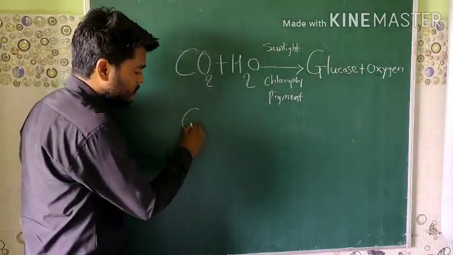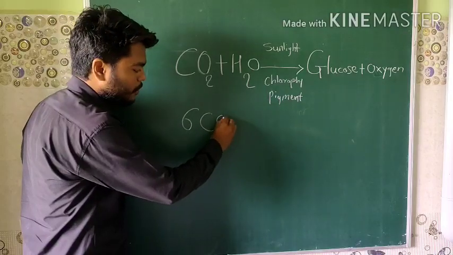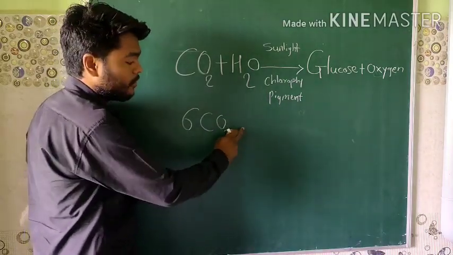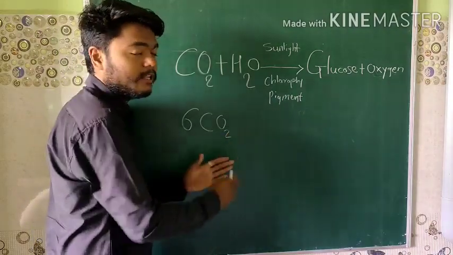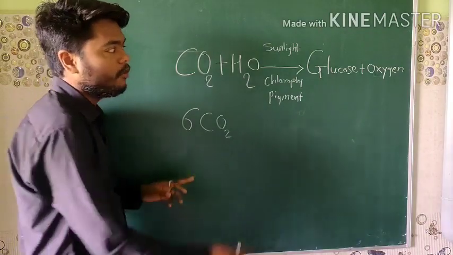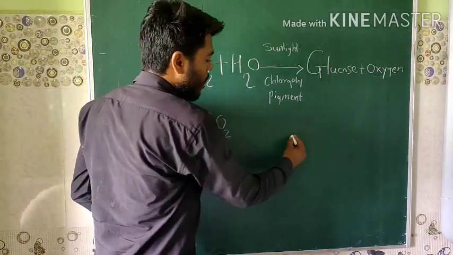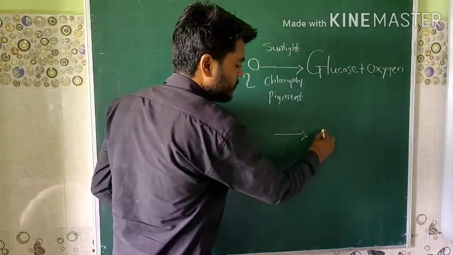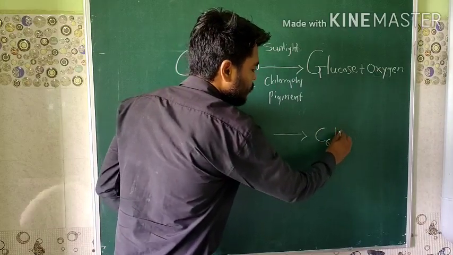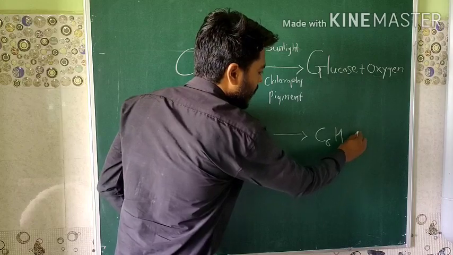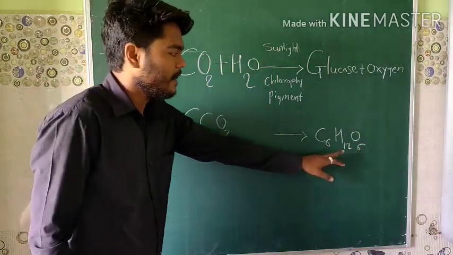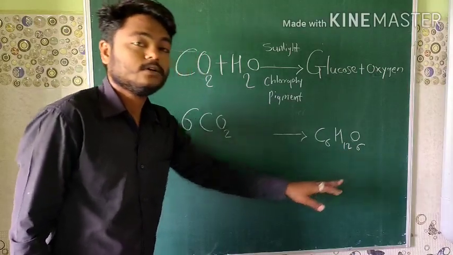When 6 carbon dioxide molecules mix with hydrogen... Why do we need 6 carbon dioxide? Because the formula of glucose is C6H12O6, right?